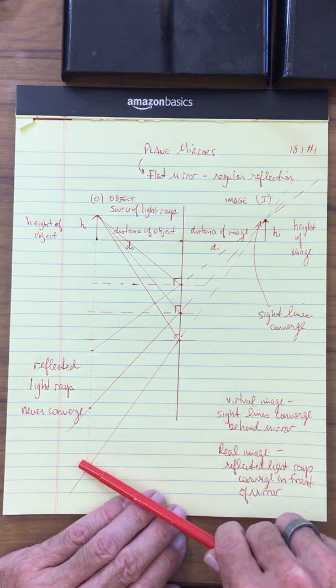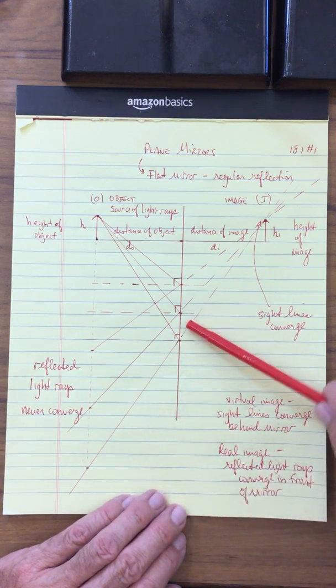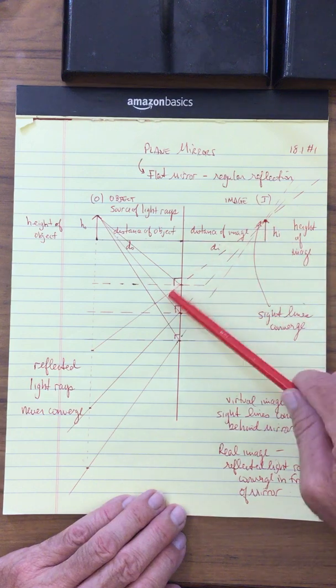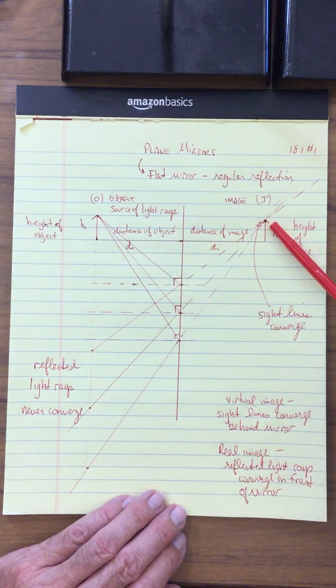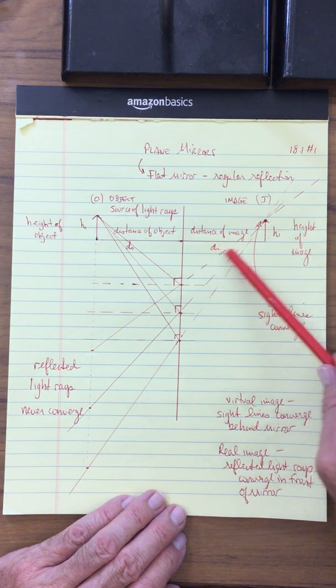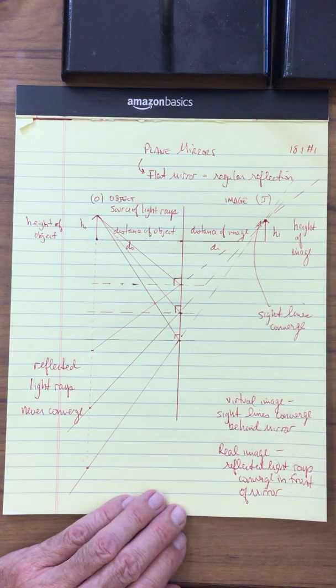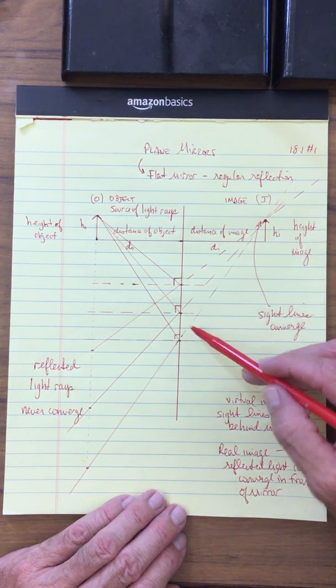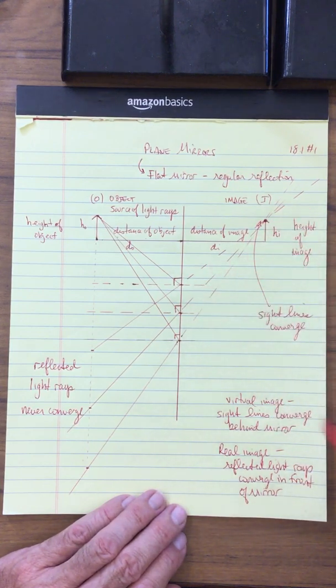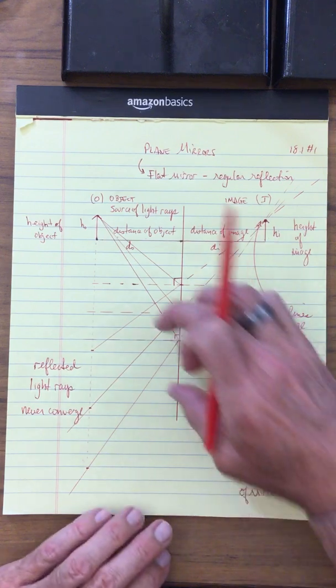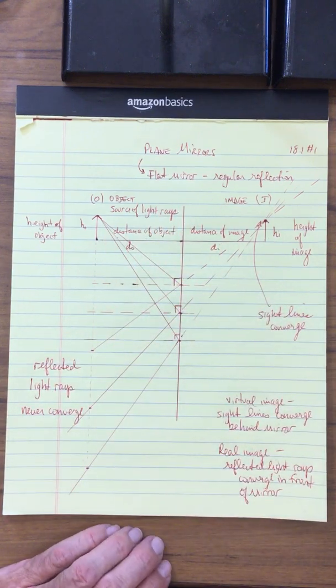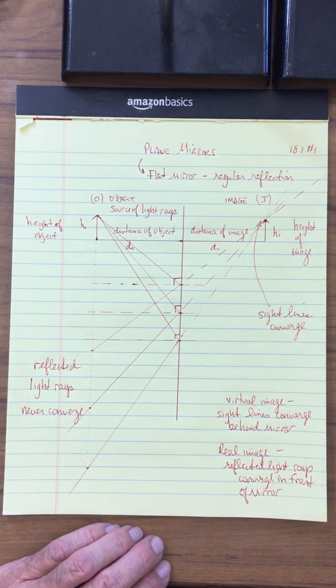These reflected rays will never converge, but when we draw those sight lines back, the sight lines do converge on the other side of the mirror. That's going to give us the height of the image, the distance of the image, and this is going to be a virtual image because our sight lines converge rather than having a real image where your reflected rays converge. That's it for now.